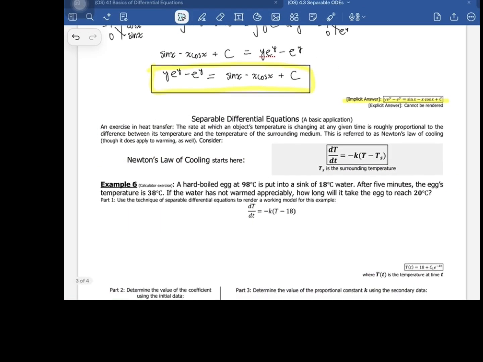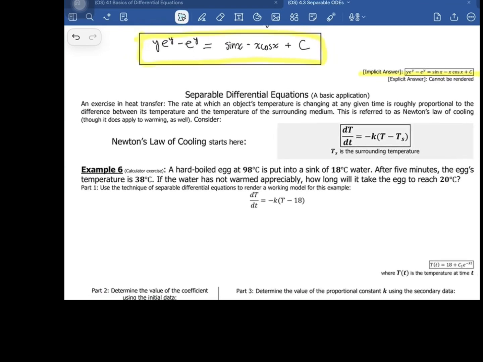Now we're on to our last example of the section. We're going to be looking at a basic application of what we have learned today about separable differential equations with Newton's law of cooling.